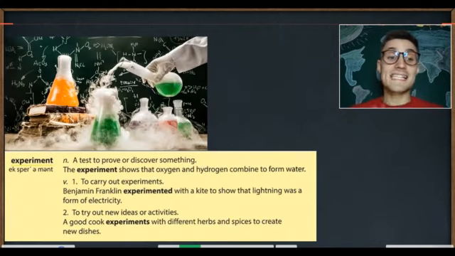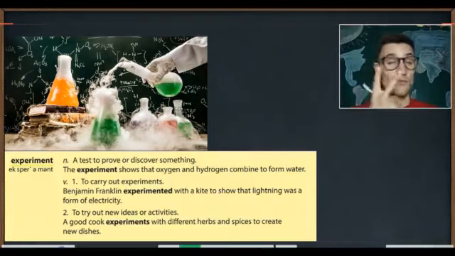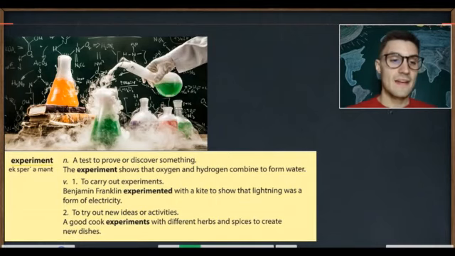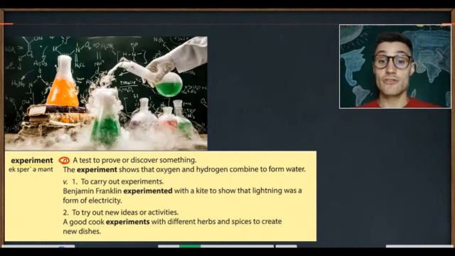Next, it's experiment. Now, experiment has a noun and 2 verb meanings. The noun experiment is the name of a test to prove or discover something. The experiment shows that oxygen and hydrogen combine to form water.